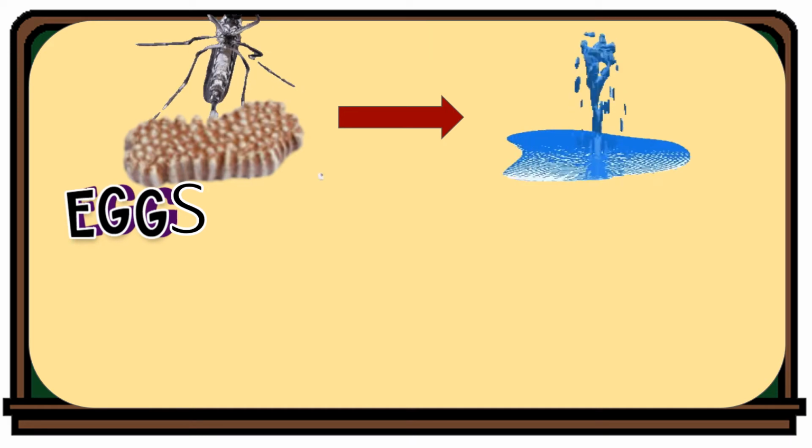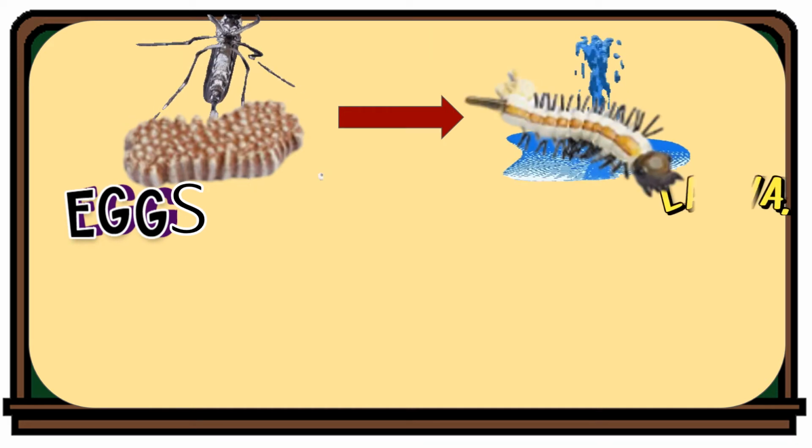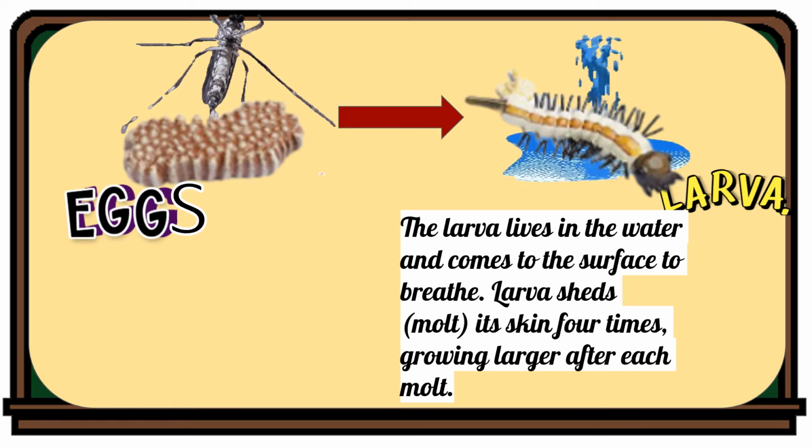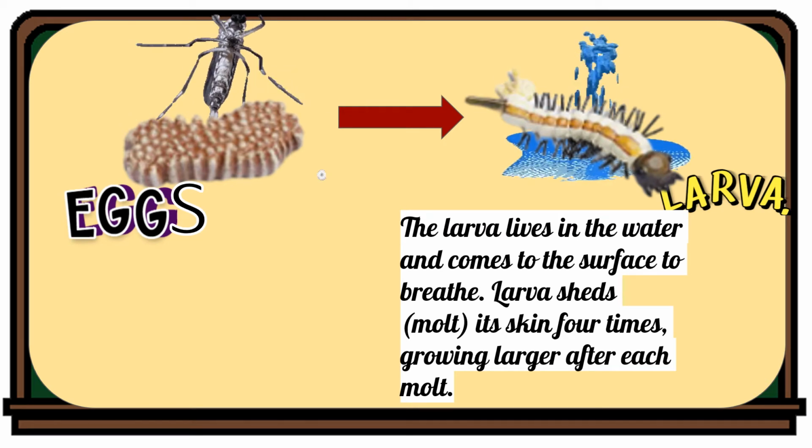Second stage is the larva. The larva lives in the water and comes to the surface to breathe. Larva sheds or molts its skin 4 times, growing larger after each molt.